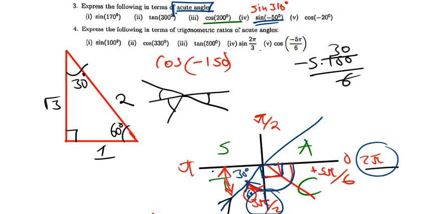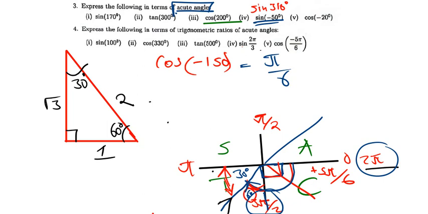Now 30, you know that if you convert it to radians, it's going to be pi over 6, right? Now you ask yourself a question. So that's going to be cos pi over 6. Is cosine positive or negative in the quadrant we are in? This angle fell in this quadrant where tan is positive, so it's going to be negative.